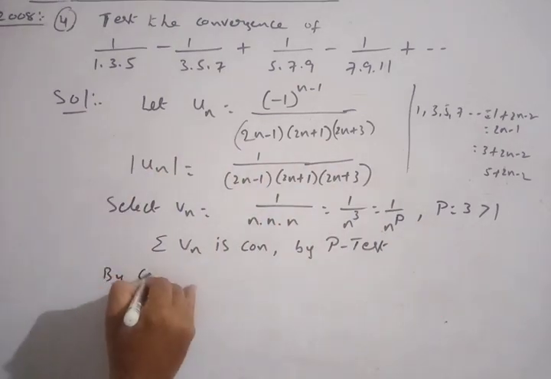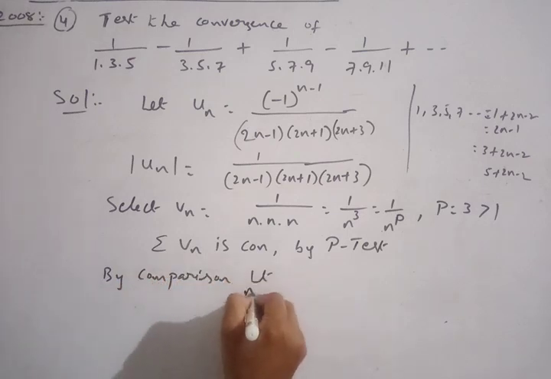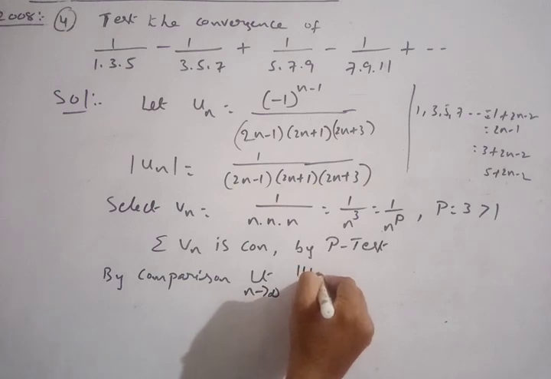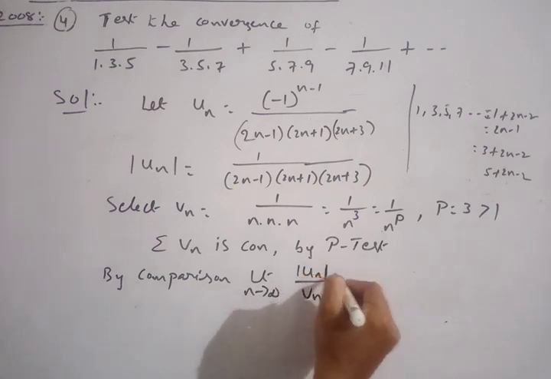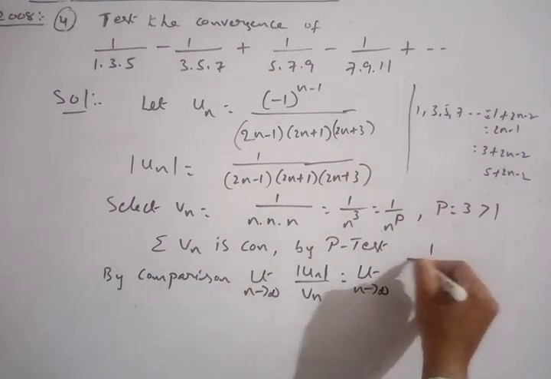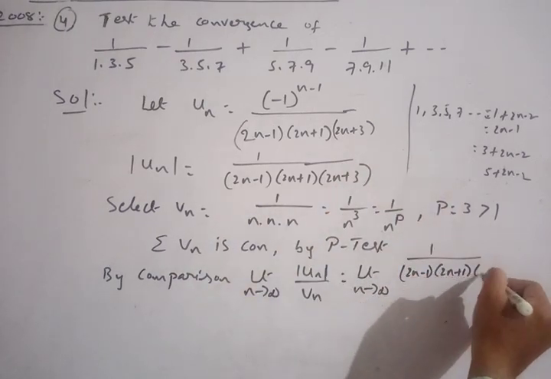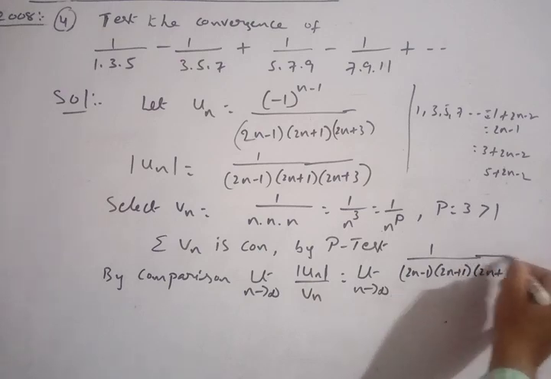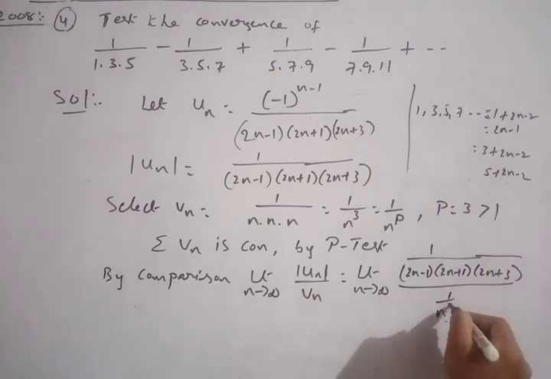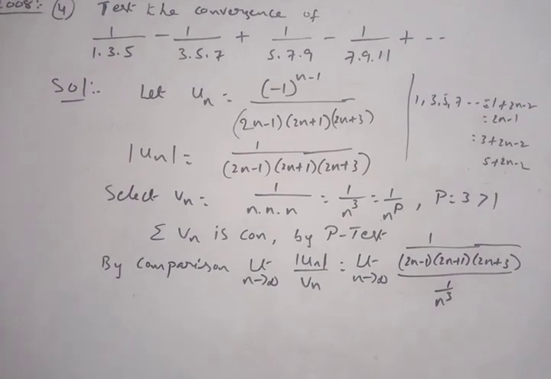Now what we have to do? By comparison, limit n tends to infinity of mod un by Vn. Mod un by Vn. So limit n tends to infinity. What is my mod un value? 1 by 2n minus 1, 2n plus 1, 2n plus 3, divided by 1 by n cube. Correct? This n cube will go to the numerator, right? So what do I get here?